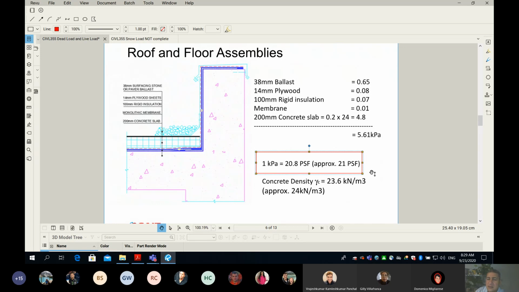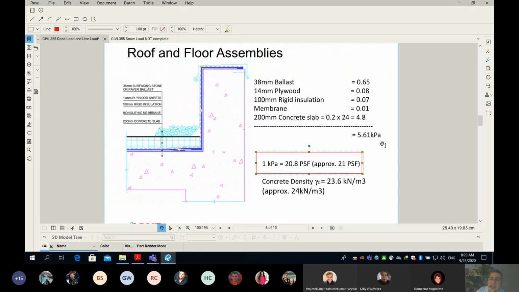Typically in my own design, I don't use 20.8. I make it easier for myself to remember, and I always use 21. So 21 is a good number. Again, 1 kPa is approximately equal to 21 PSF. So for example, if you look at 5.61, how many PSF is this? You just have to multiply by 21 and you will get more than 100 PSF.